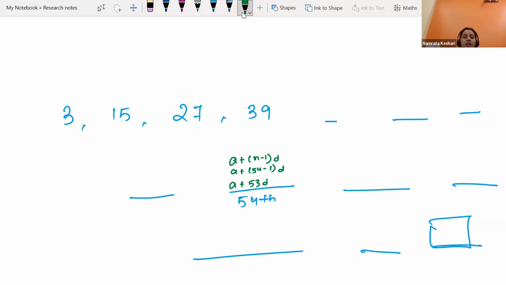Do we know a and d? Yes, a is 3 and d is the difference, that's 12. So the 54th term is 3 plus 53 into 12. Please do this calculation.